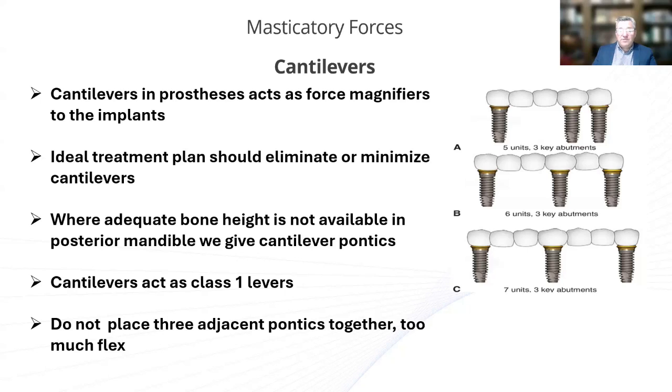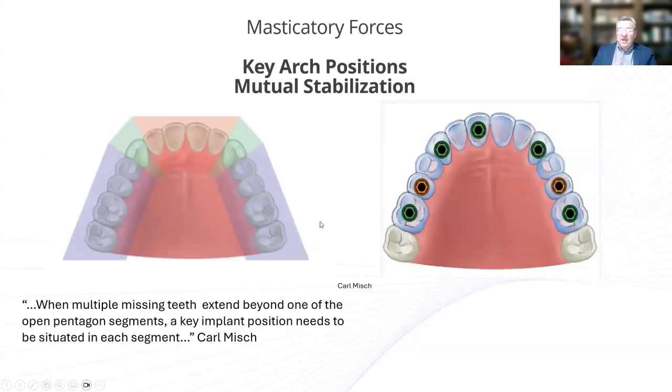And we do not place 3 adjacent ponics together because it creates too much flex. So there are certain situations where ponics and cantilevers are indicated, but we have to understand and consider those. And the key arch positions for mutual stabilization is very important.